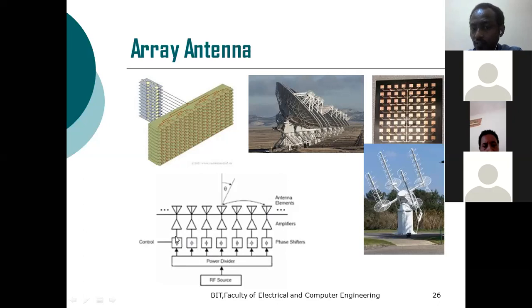Then using this controller, we can affect the amplitude of the feed supplied to this radiating element, as well as we can control the phase which excites this radiating element. You see, in such a way we can control the electrical signal at the back. This will have a direct impact on the radiation pattern of this radiating element.